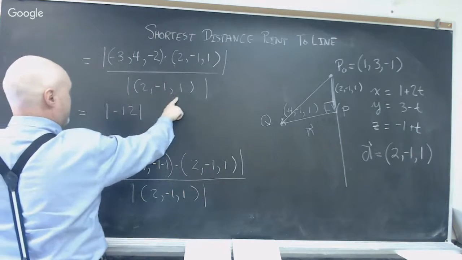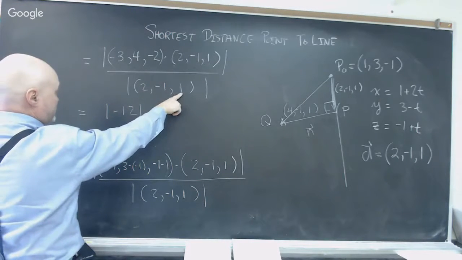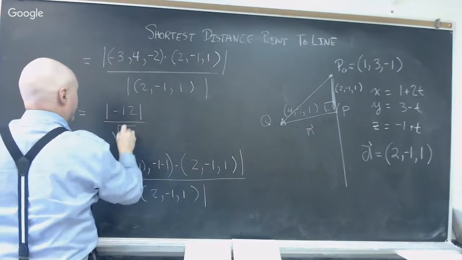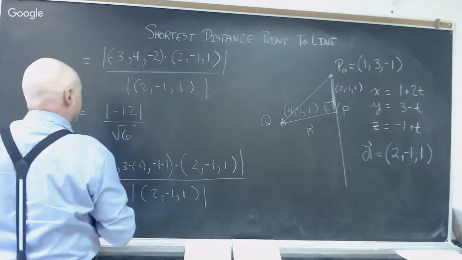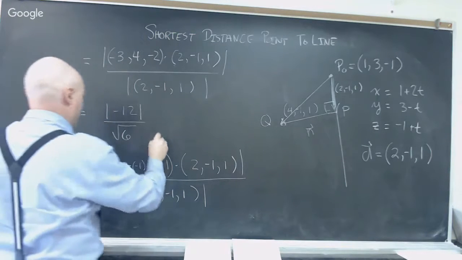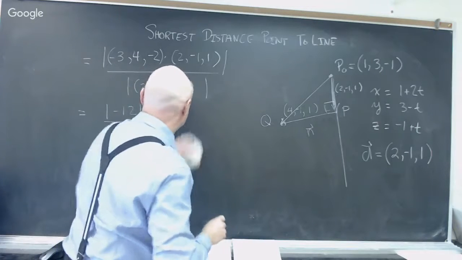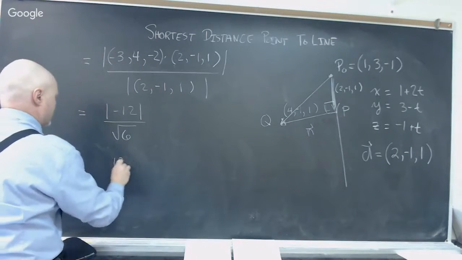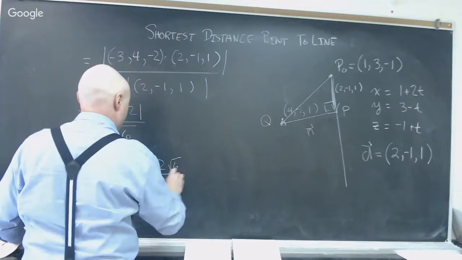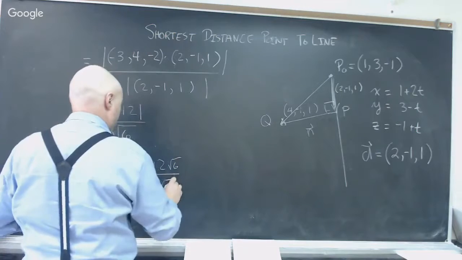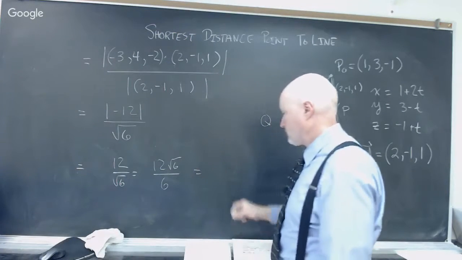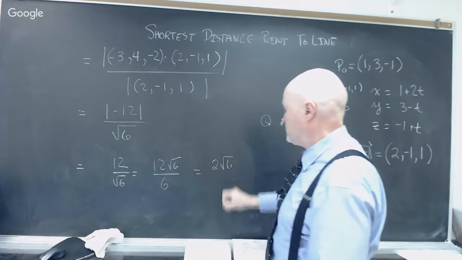And the magnitude of the direction vector is 4 squared plus 1 squared plus 1 squared, and so this is the square root of 6. So 2 root 6.